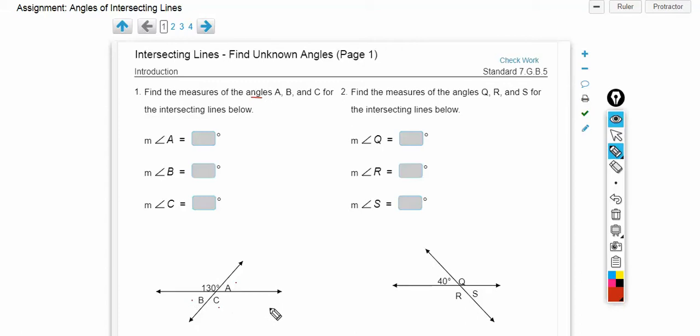Okay, so vertical angles, if we remember. Just looking at this, if I look at this angle here, which is 130 degrees, and this angle here, which is C, those are vertical angles, and vertical angles are equal.